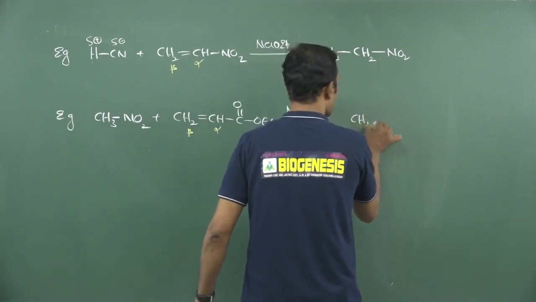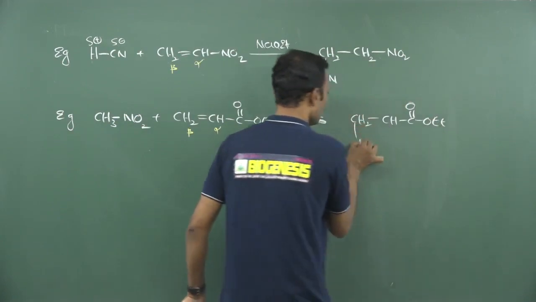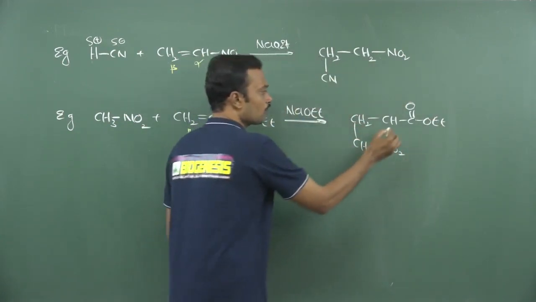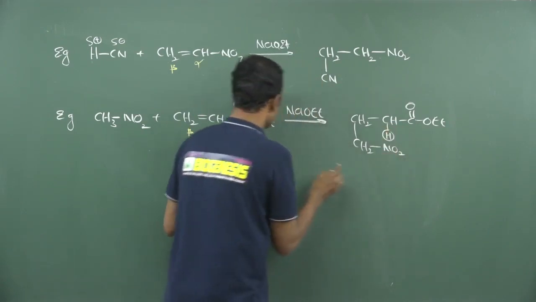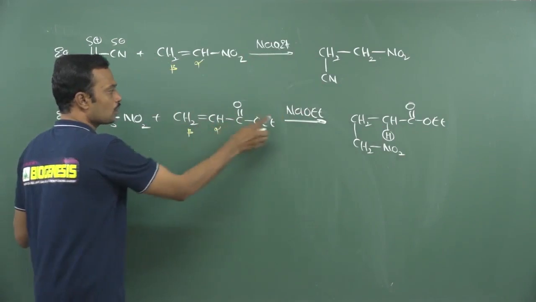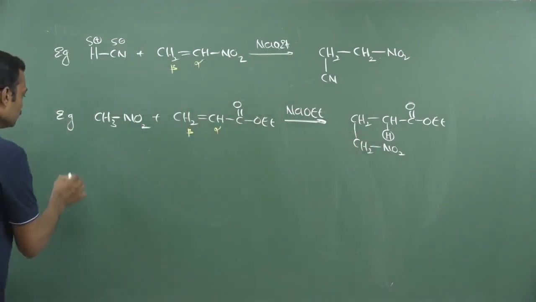So for conjugate addition you need to remove this double bond, C double bond OEt, and here you need to write CH2NO2 like this, and here we need to add one hydrogen. See, remove the double bond, you add one hydrogen over here and the nitro adjacent carbon should be added here, and that is the conjugate addition reaction. Okay.